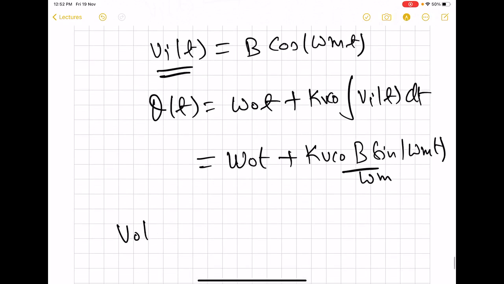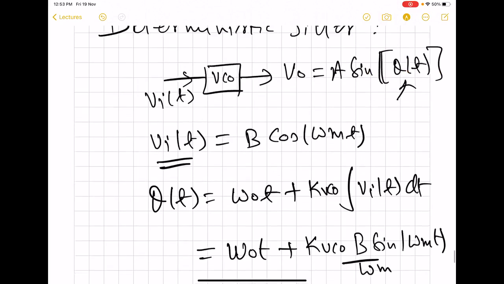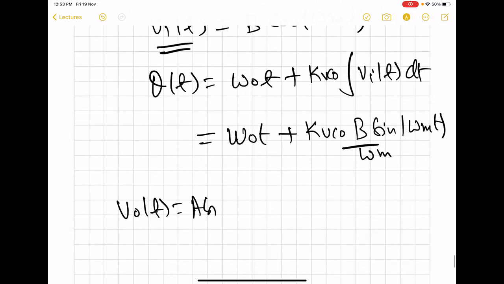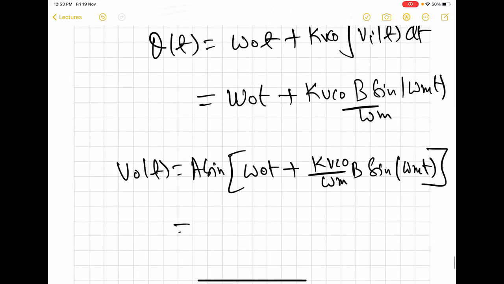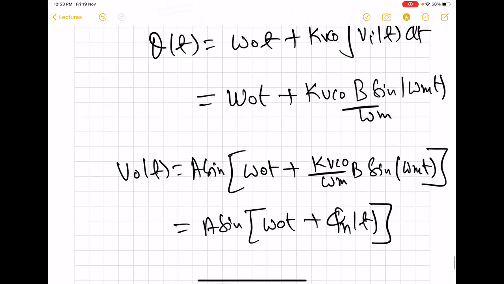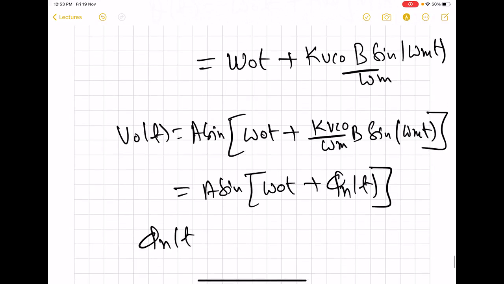So in this case, the output is going to be sine of omega naught t plus K VCO b divided by omega m, sine omega m t. So here we see that we have this form which we pointed out earlier. So in this case, this phi n is no longer random. This is a deterministic signal.